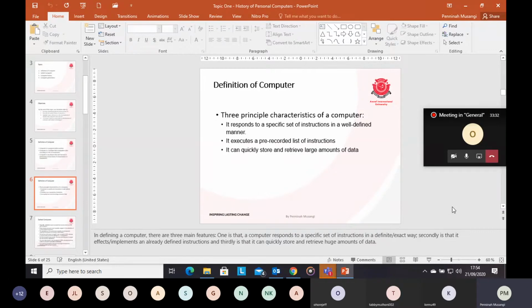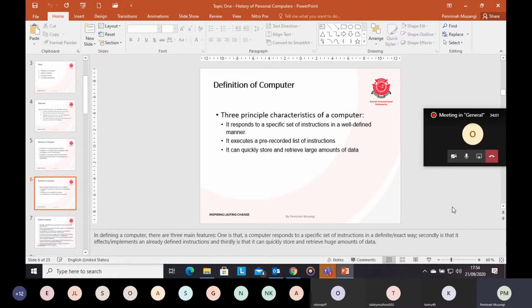The second characteristic is that it executes, or implements or effects these list of instructions which are already defined. They are already pre-recorded. So it means the list of instructions come first, and then the computer is to read those list of instructions and then implement. So it implements already defined instructions.